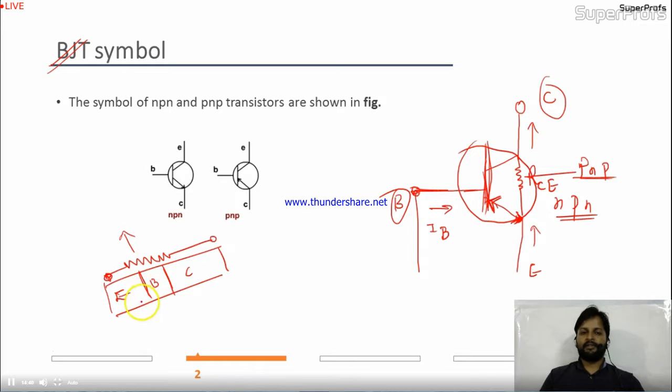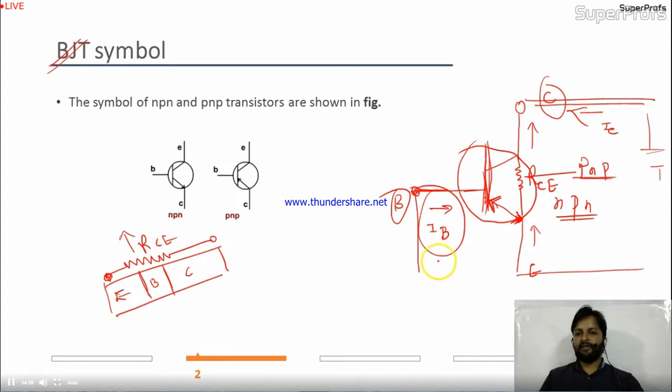So what is my point? The resistance between emitter and collector is RCE, denoted like this. In the outer circuit, the current IC will flow, right? So who is the controlling part? The base is the controlling part. If IB is 0, the circuit will be in cutoff. There will be nothing, right? Why? Later we'll discuss this.